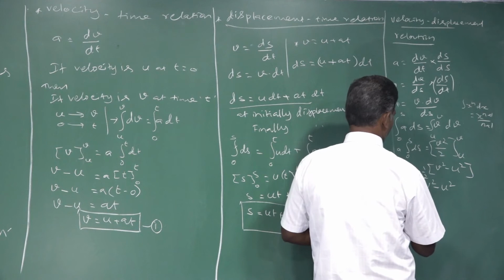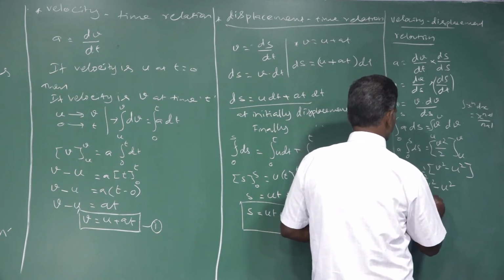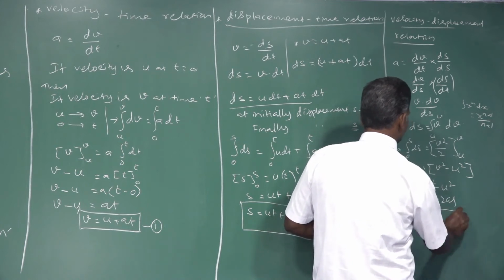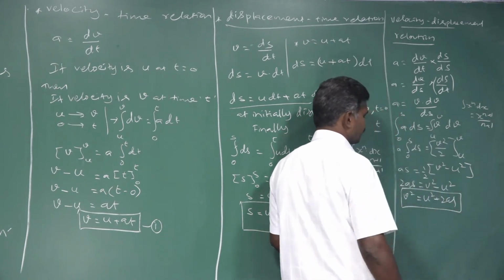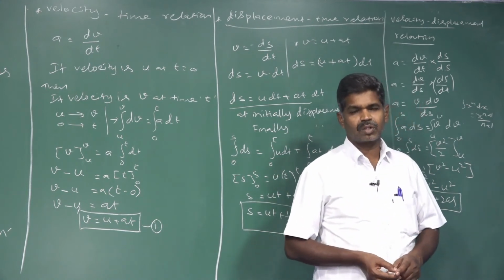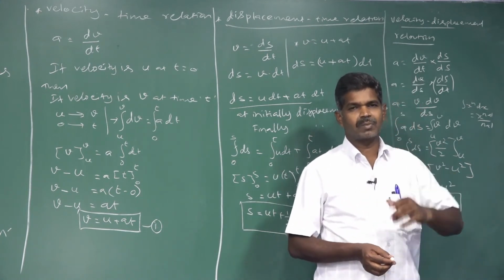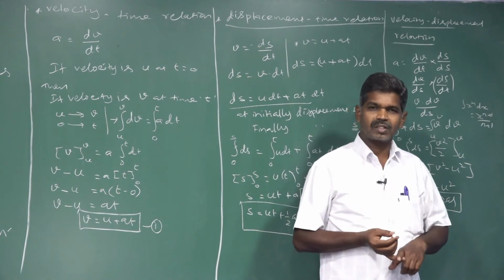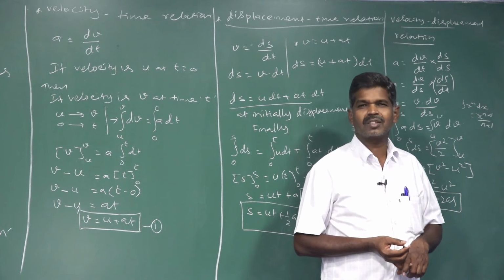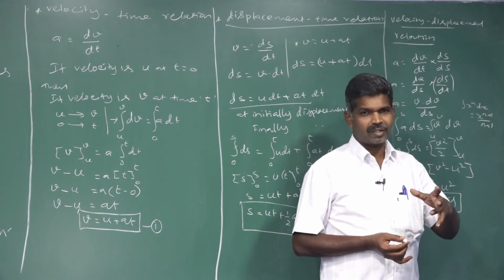Then we rearrange the equation: v square is equal to u square plus 2as. This is the third equation of motion. We derived the third equation of motion using the calculus method. So the first equation is v = u + at. The second equation is s = ut + 1/2 at square.